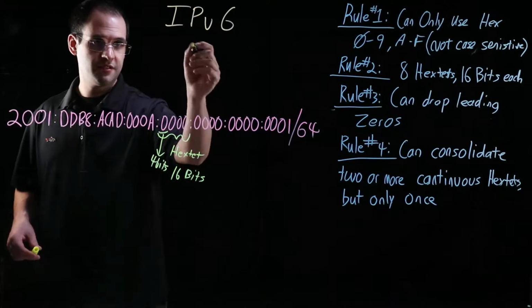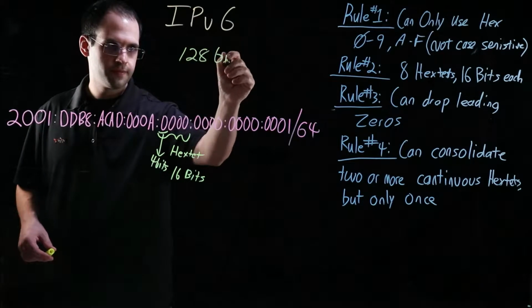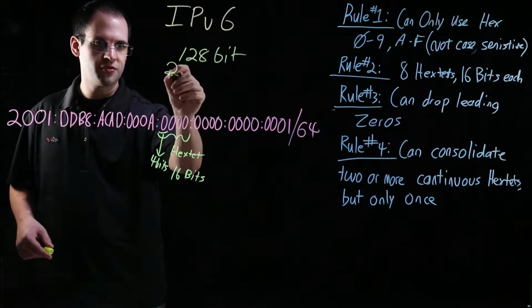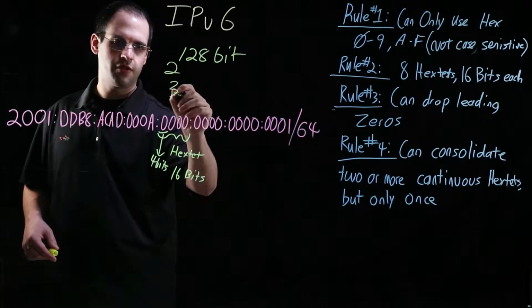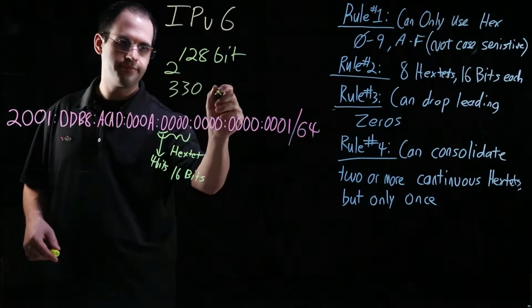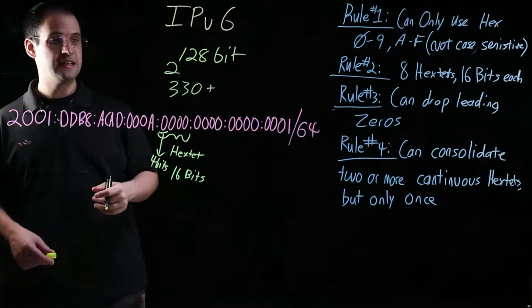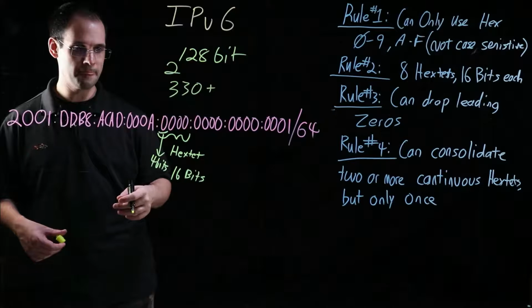IPv6 is a 128-bit address. In a base 2 system this works out to, I believe, 330 plus undecillion addresses. A lot, a big number, right?